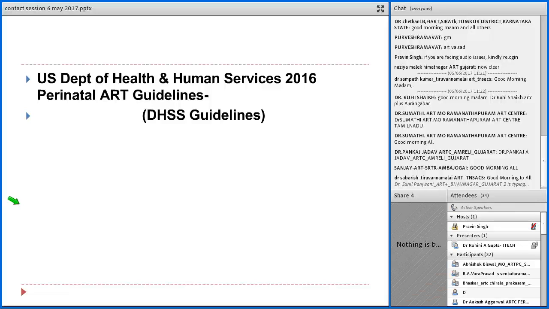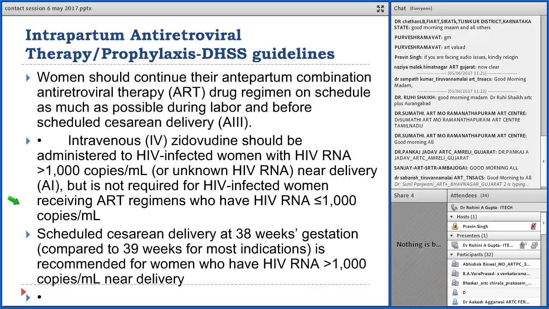I just wanted to tell you about the US Department of Health and Human Services 2016 perinatal ART guidelines, what is called the DHHS guidelines. The guidelines for intrapartum antiretroviral therapy: women should continue their antepartum combination ART on schedule as much as possible, and a scheduled cesarean delivery is planned, is what is followed there.